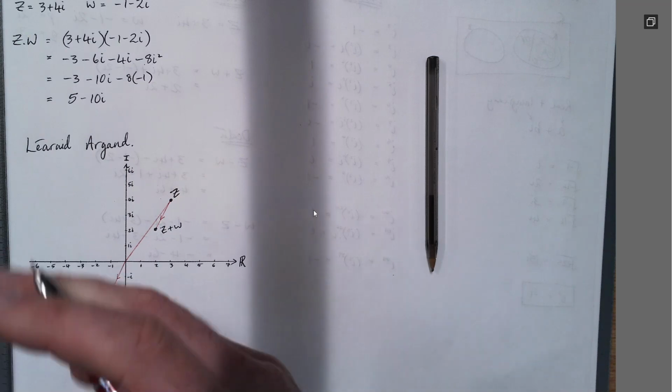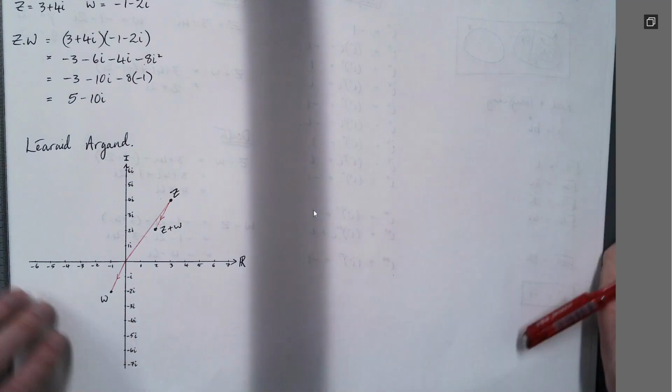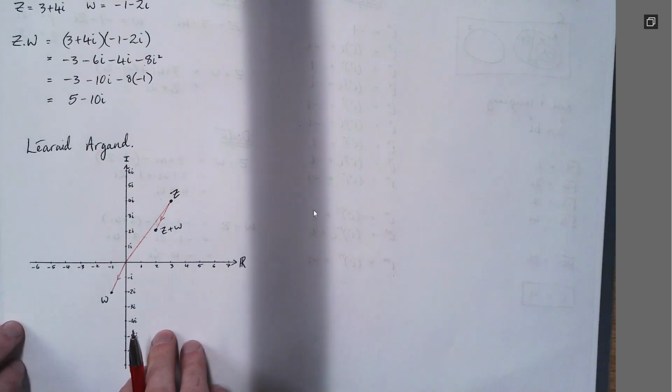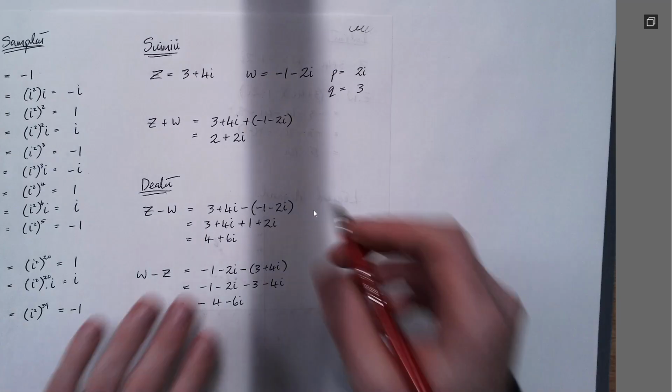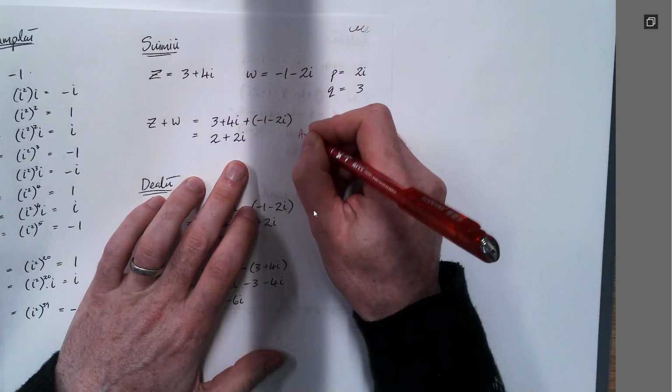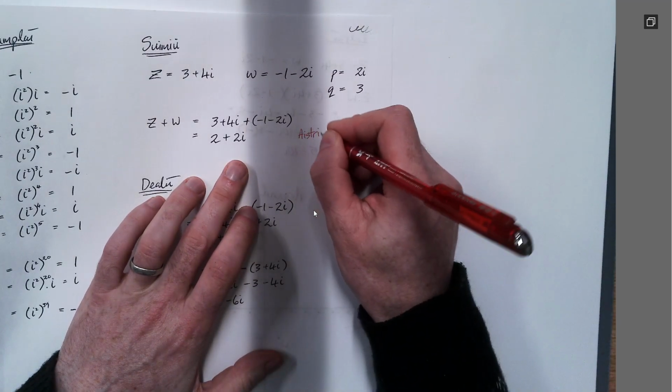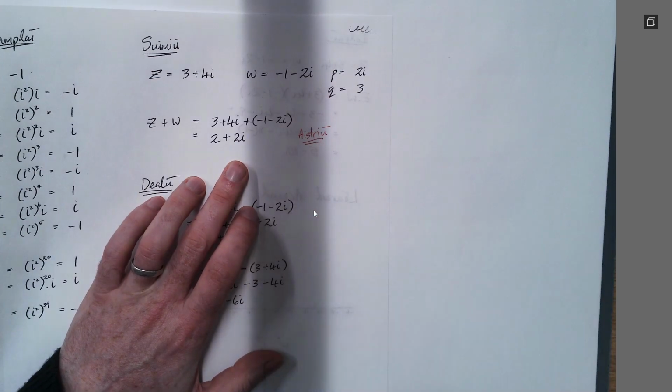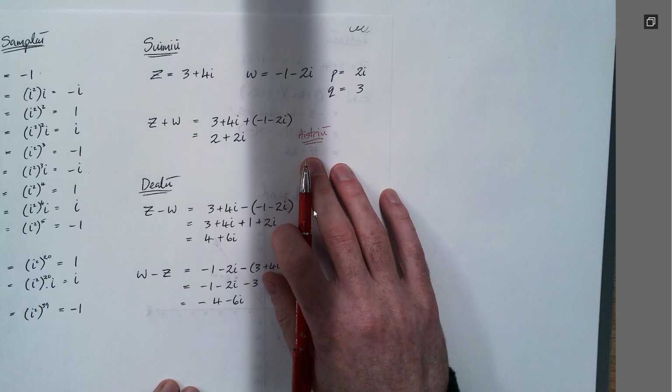Translation. Okay? So there's some complex numbers, and this is on the Argand diagram. It's a transformation. Okay? Transformation or translation? Translation.